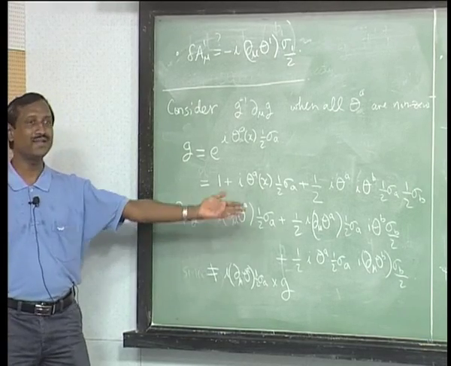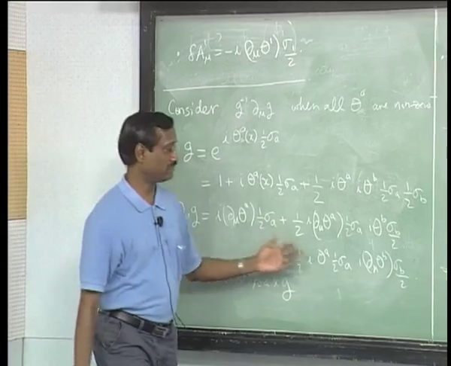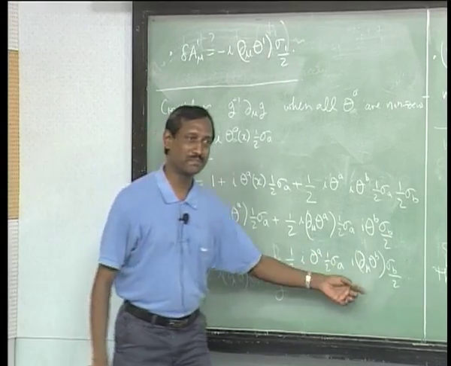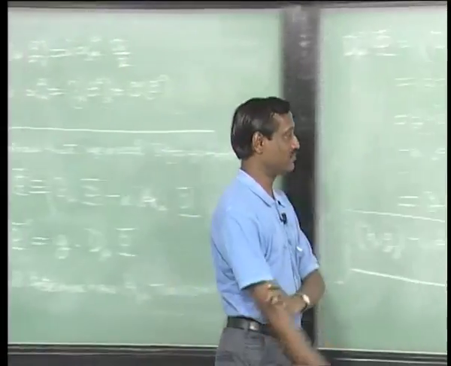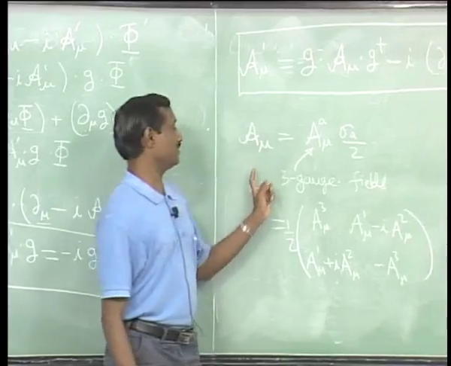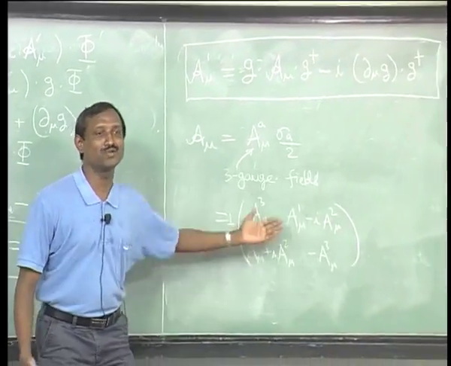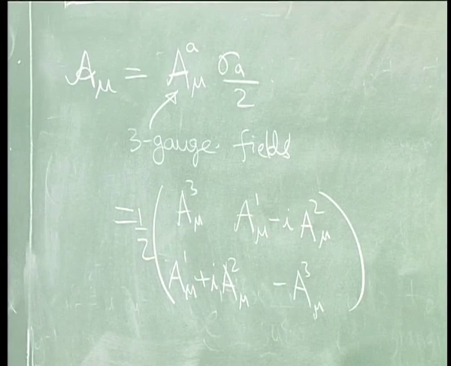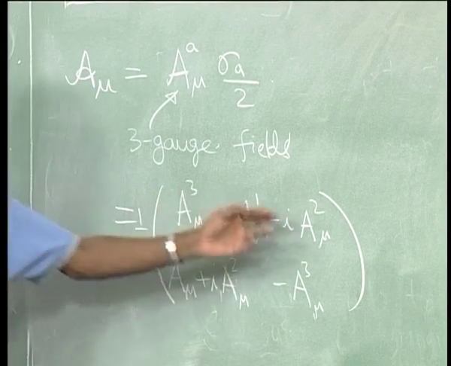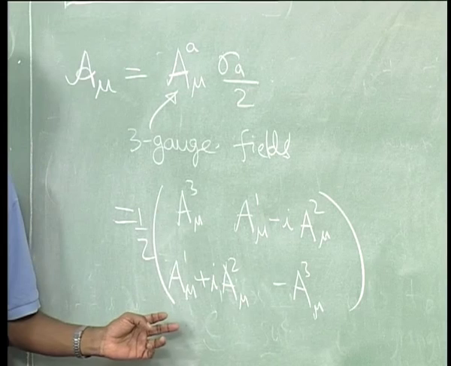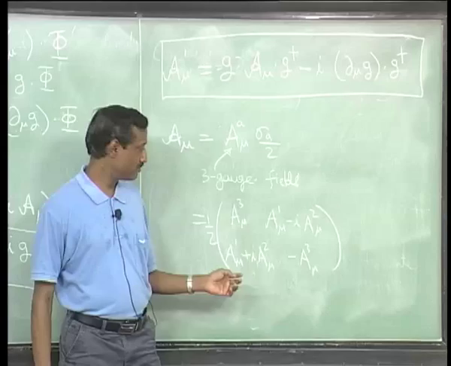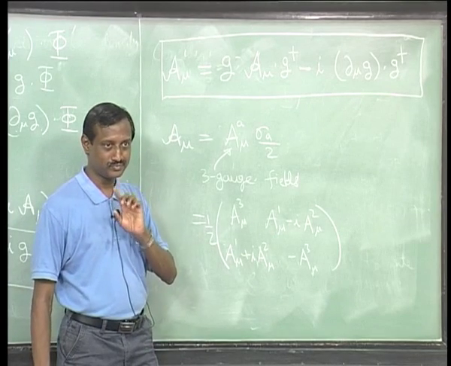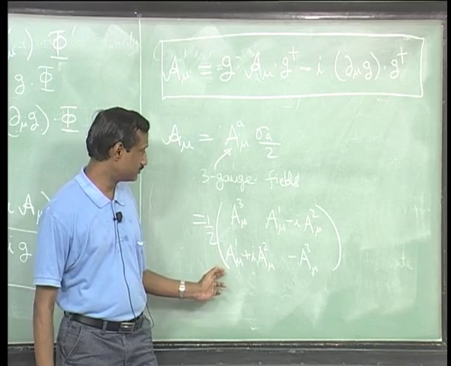I am proving it to second order, but it is true to all orders, you can prove that. In other words, this is consistent with our intuitive observation that you require only 3 gauge fields, because if I took an arbitrary 2 by 2 matrix, then there would be 4 independent elements. But here that is not true. Okay. And this is a summation.